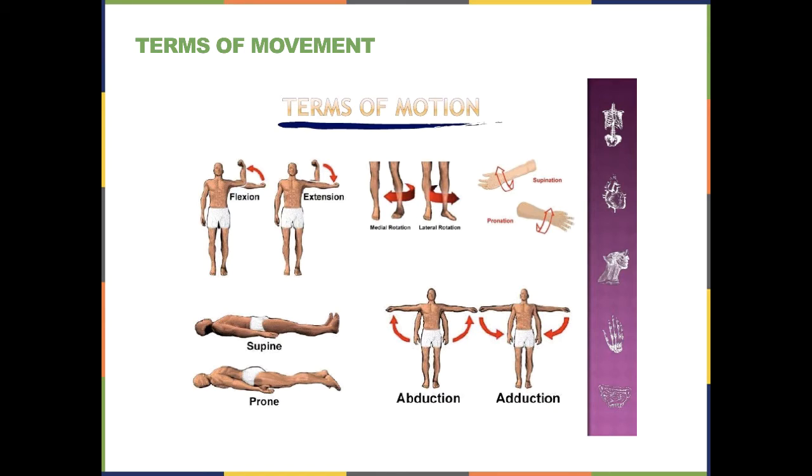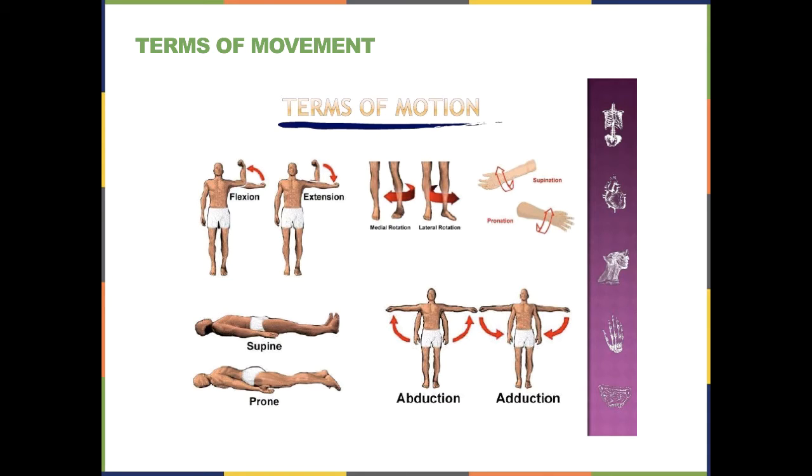Now, if you put yourself in the anatomical position and you rotate your arm medially, that's shown here on the far right, and it's called pronation. Conversely, when you move your arm the other direction, that's called supination.